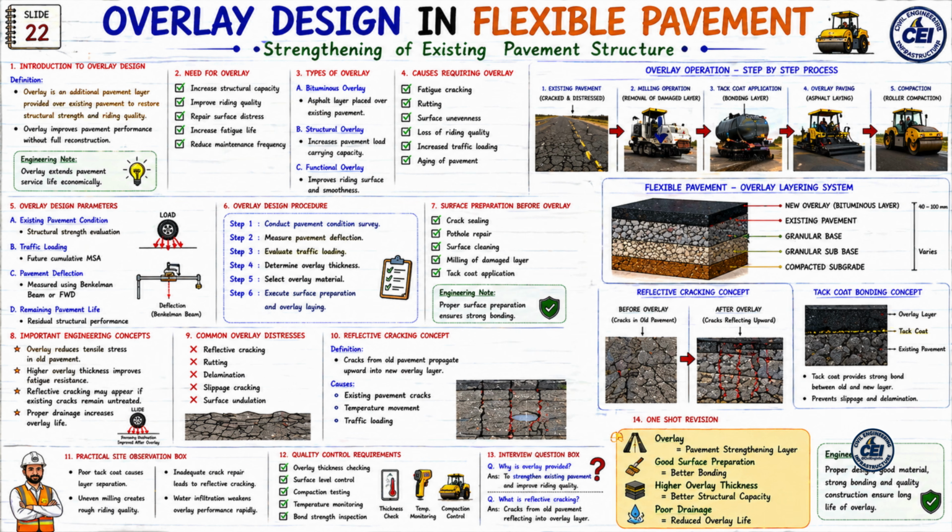Proper design, good material, strong bonding, and quality construction. All these things ensure long service life of the overlay. And in the next slide, we will understand flexible pavement rehabilitation and pavement maintenance strategies in detail.